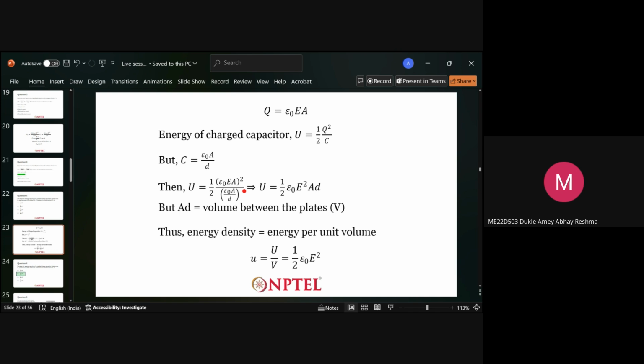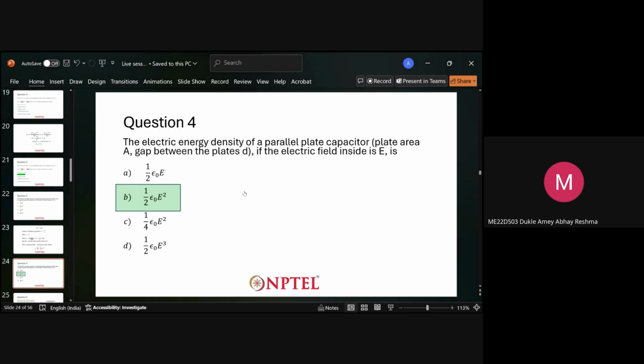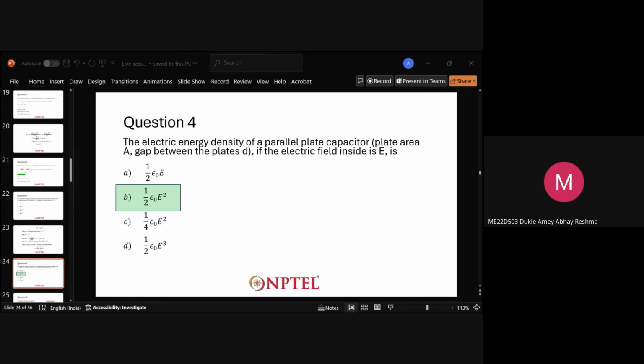So we need the energy density, that is the energy upon volume. Dividing by the volume, the answer we get is 1 by 2 epsilon naught E square. So option B is right.